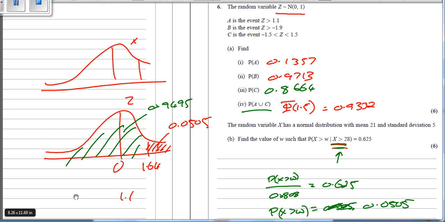If the z value is 1.64, that's going to equal our x value, take away our mean, which is 21, divided by the standard deviation, which is 5. So 1.64 times 5 plus 21 equals 29.2. So if you've got 29.2, that's the correct answer for this one here.